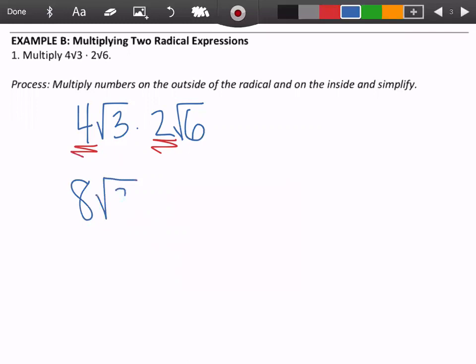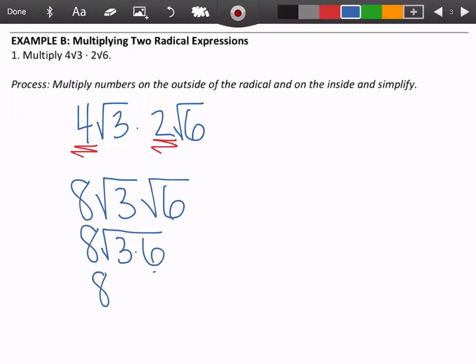And now we still have square root of 3 times the square root of 6. So just like before, only in reverse, we're now going to write this as one square root, so that it's 3 times 6 underneath one square root sign. And now we can multiply them. 3 times 6 is 18. 8 square roots of 18.